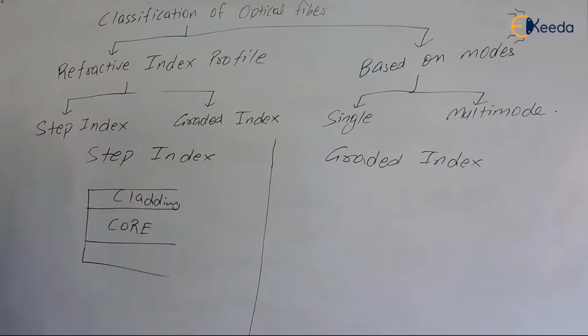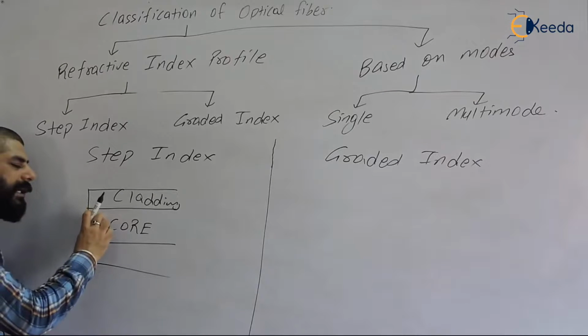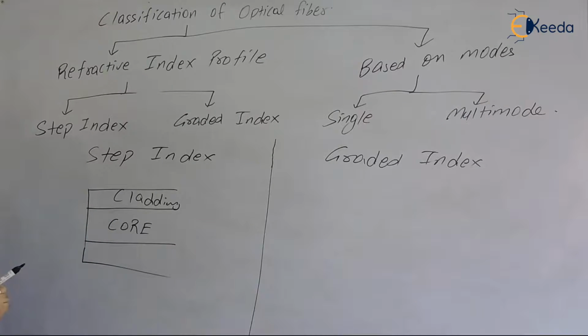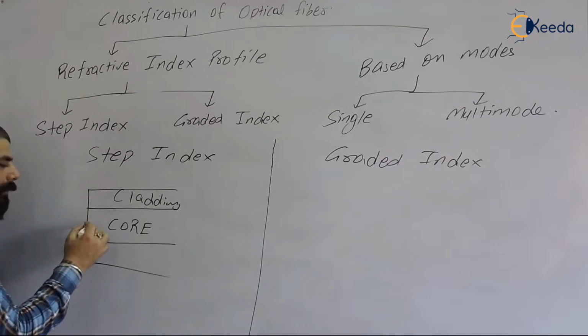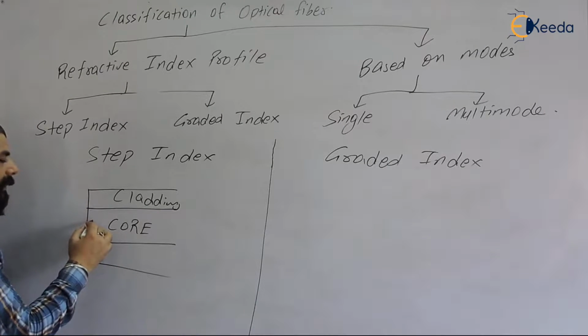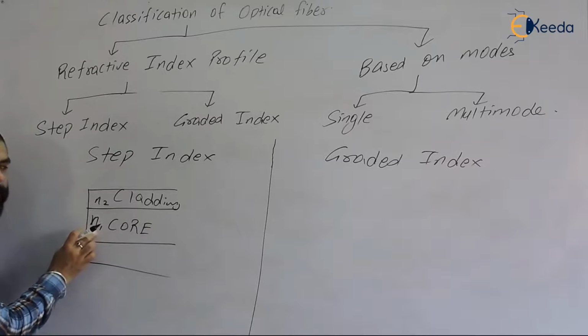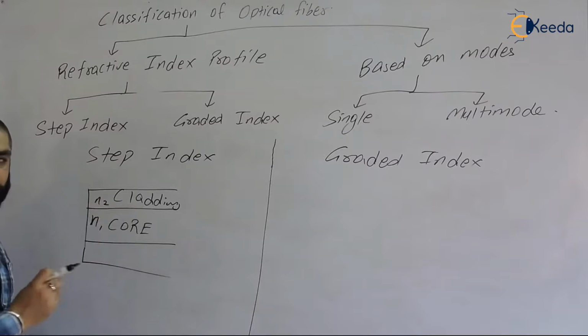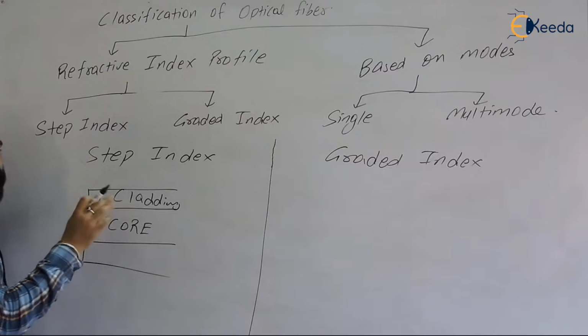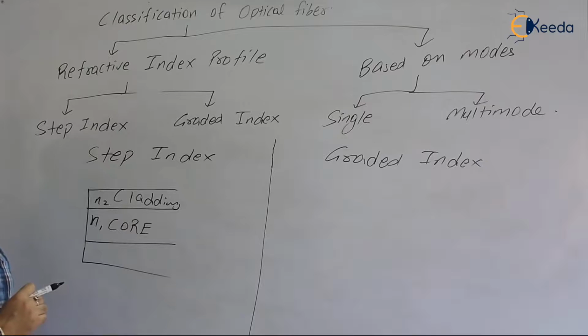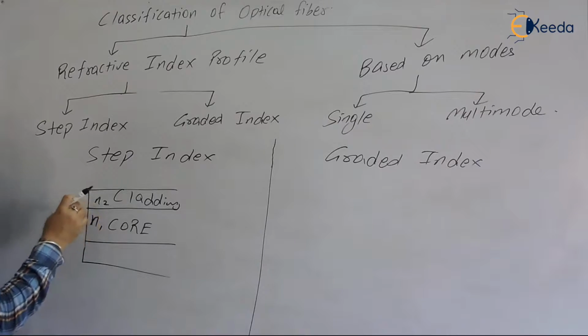There is some constant value of refractive index of core, and some other constant value of refractive index of cladding. Suppose this is mu1 or simply n1, this is n2. So n1 is some constant value, take it 1.4. Then n2 will also have some constant value, so let's take 1.3.